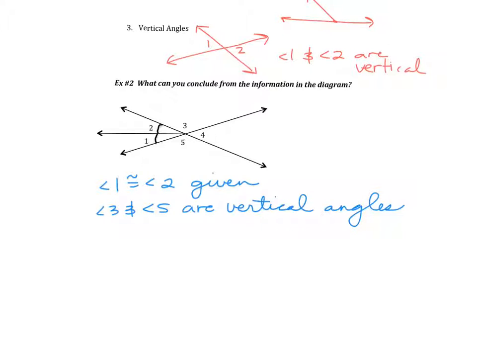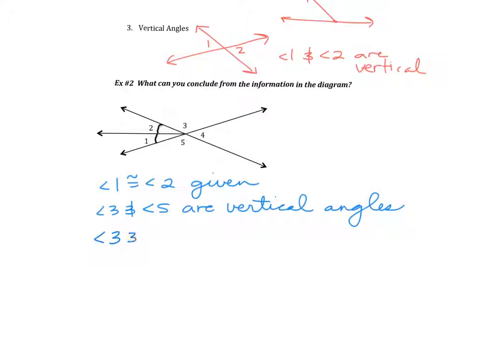What else do we know to be true? Look at your list of 3 things. Do we have any of those? Chloe. 3 and 4 are supplementary. And what? What was the second? Adjacent, right? They're adjacent supplementary. So you can be even more specific than supplementary.